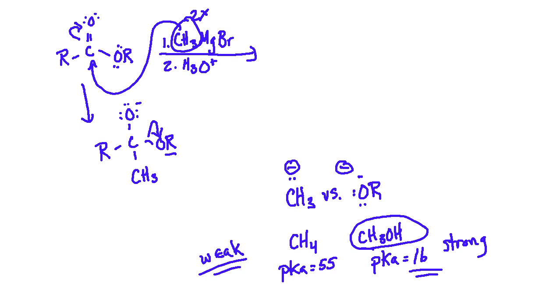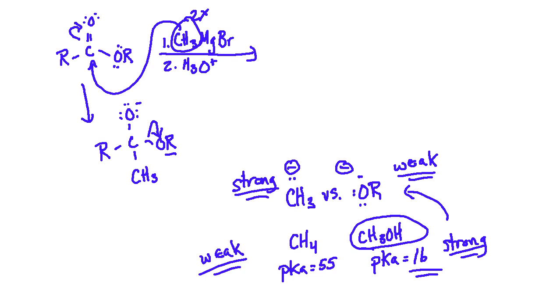Methane has a pKa of 55. So we're going to call methane weak, and we're going to call methanol strong in this situation that we're looking at here. So what does that mean about the conjugates right here? Well, it means that in that case, the OR is going to be a weak base in comparison to the CH3 minus, which is going to be a very strong base, okay?